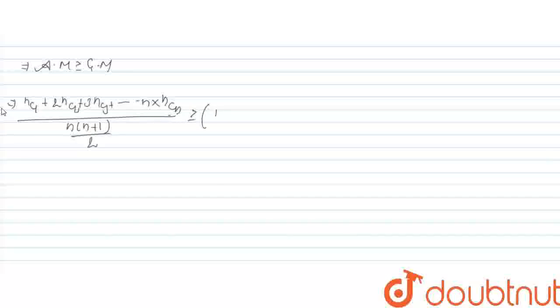So the GM is nC1 into nC2 to the power 2, nC3 to the power 3, like this, up to nCn to the power n, whole to the power 1 divided by the number of terms, which is n into (n plus 1) divided by 2. Now what can I do?